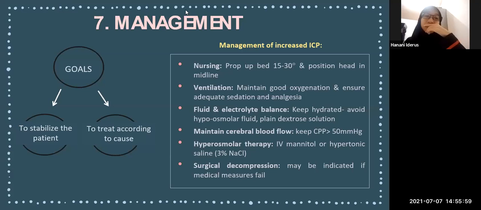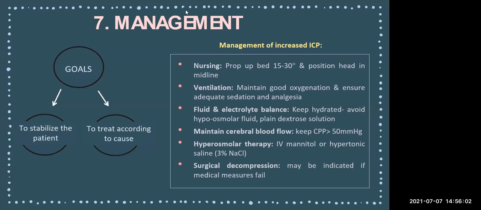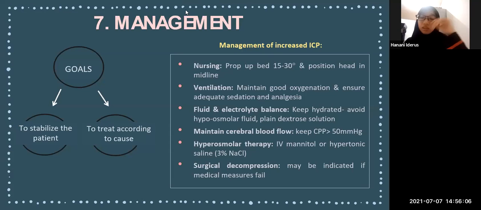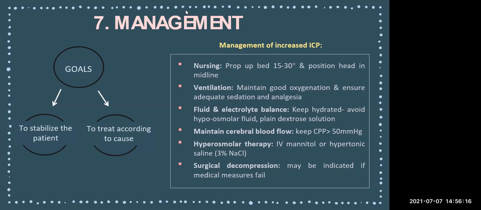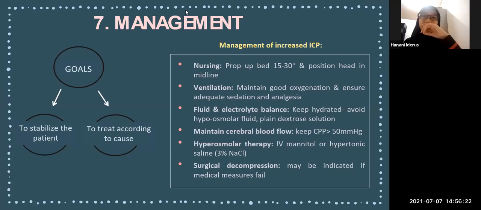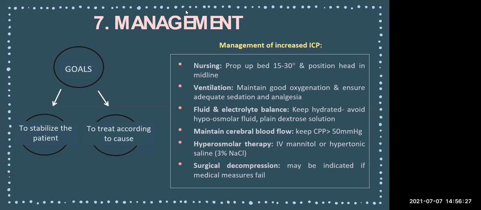Do you know the Monro-Kellie doctrine? You have to understand that doctrine, then you can understand what is CPP and what is ICP. In general, in the Monro-Kellie doctrine, the skull is a closed system, so the pressure is fixed.